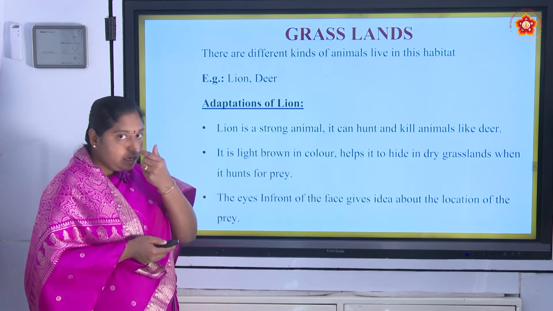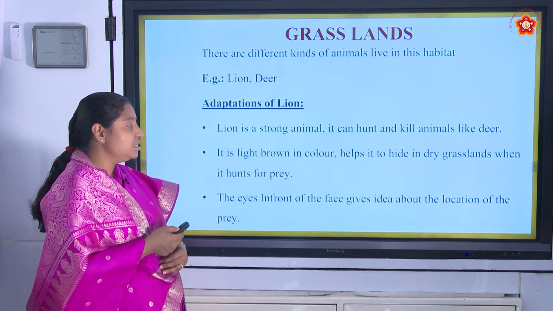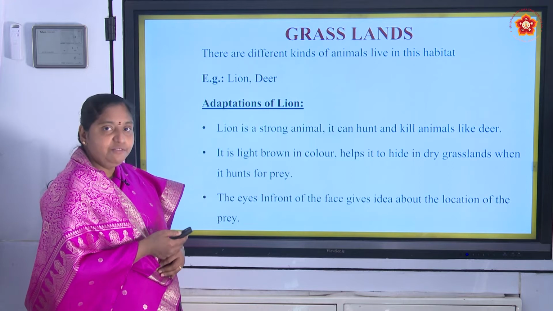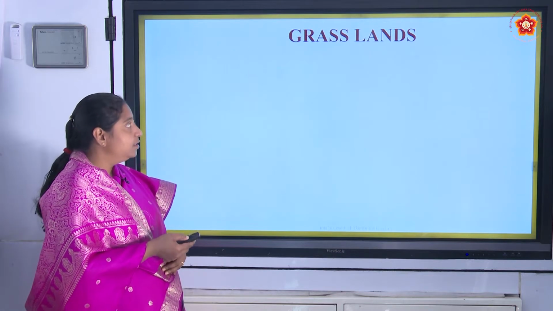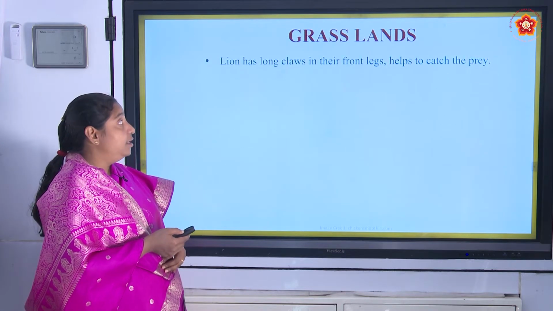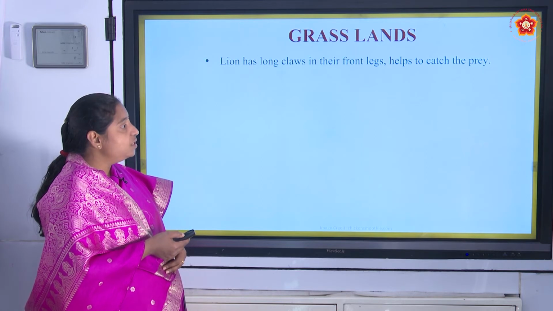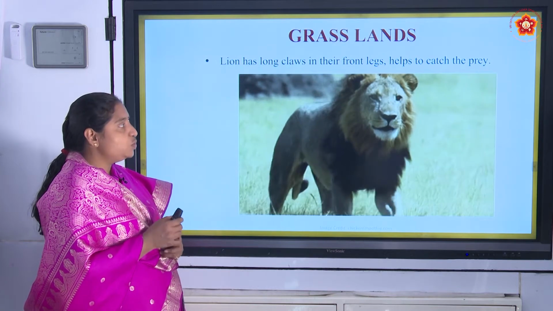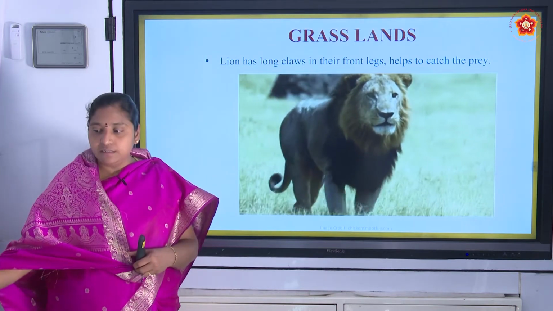The eyes in front of the face give an idea about the location of the prey while hunting. The lion has long claws in its front legs, which help to catch the prey.